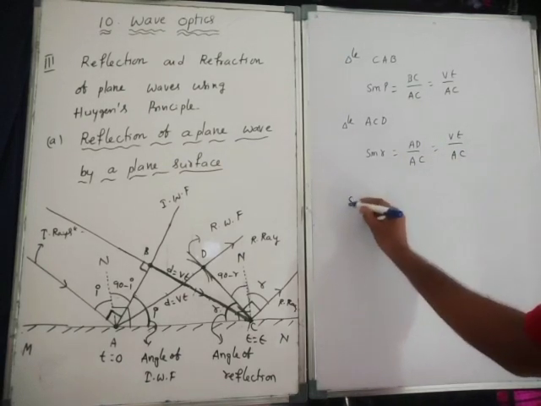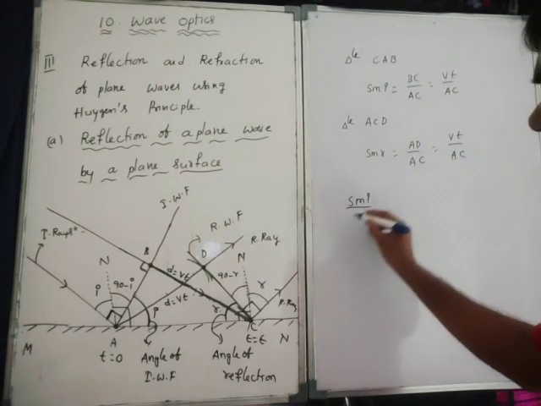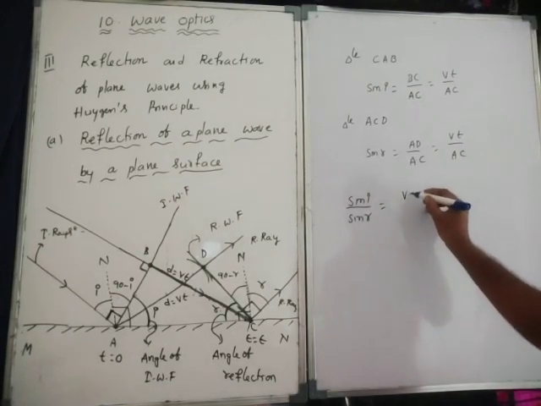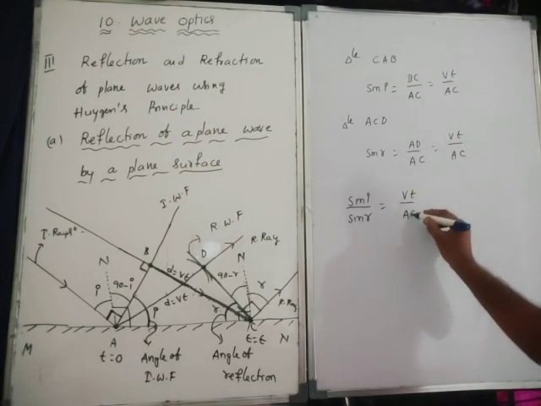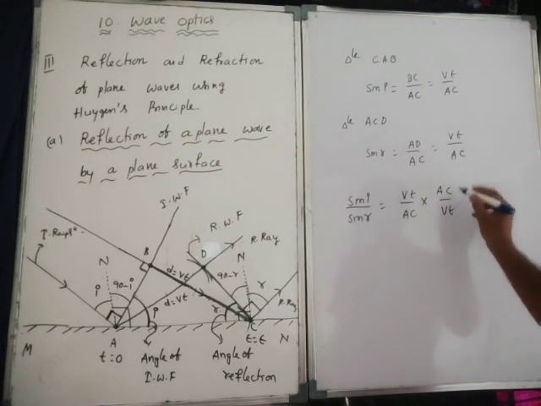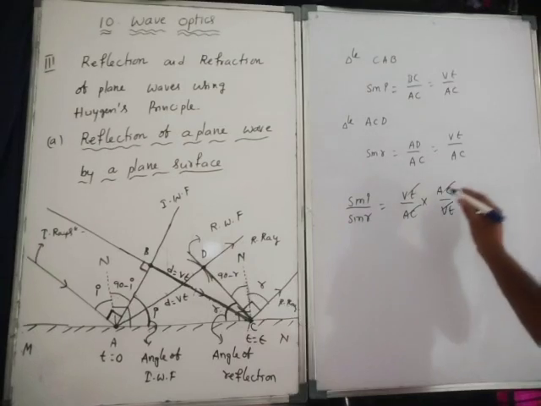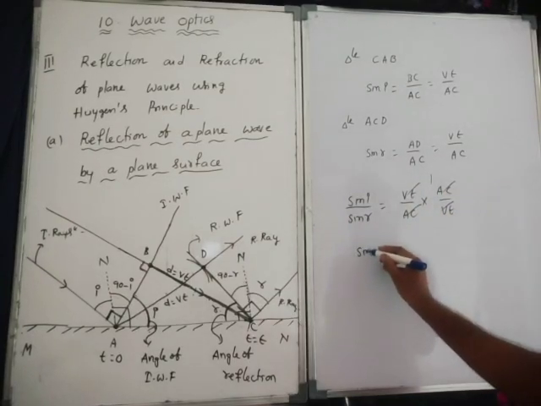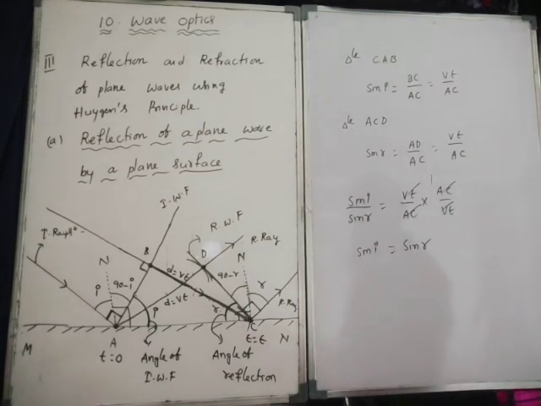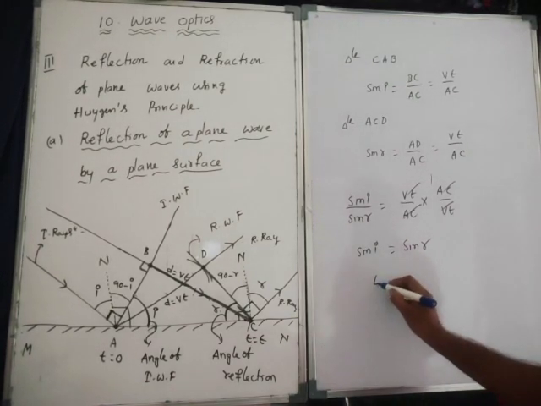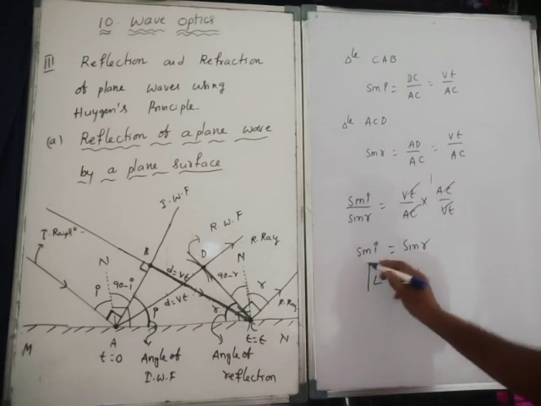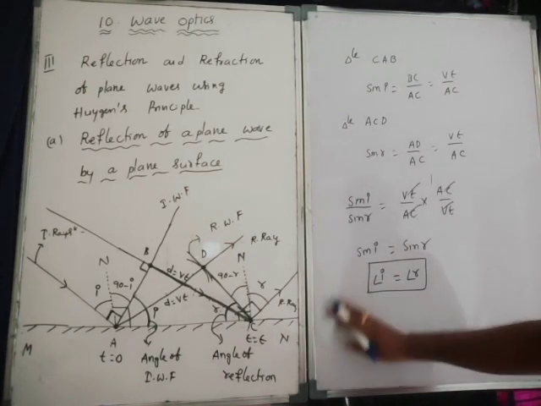Now we will do sin I divided by sin R. So sin I over sin R is VT divided by AC into AC divided by VT. Everything gets cancelled, therefore 1 will come. So sin I is equal to sin R, meaning angle of incidence is equal to angle of reflection. This is a very, very important concept.